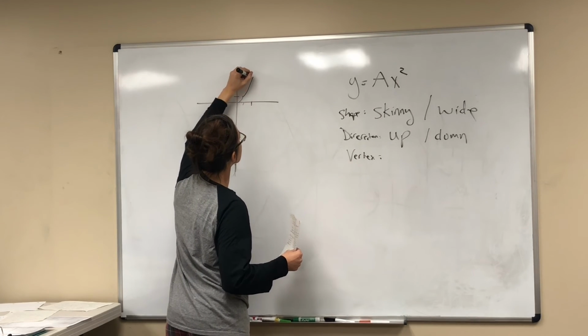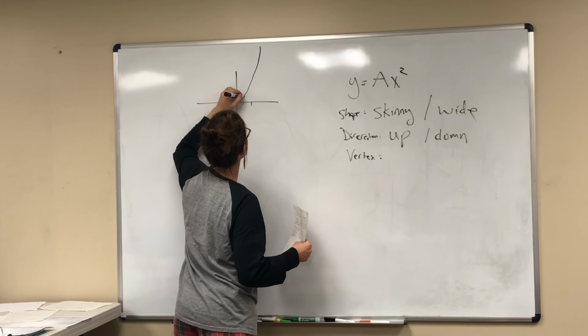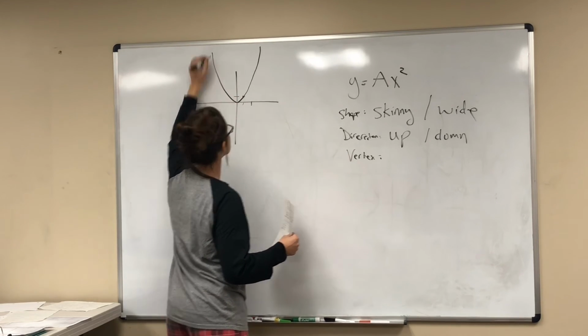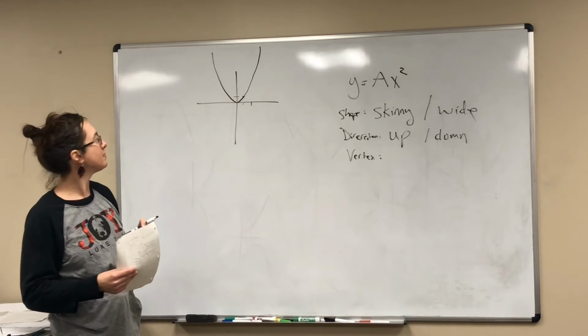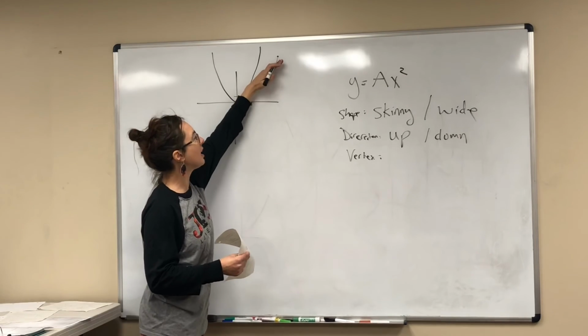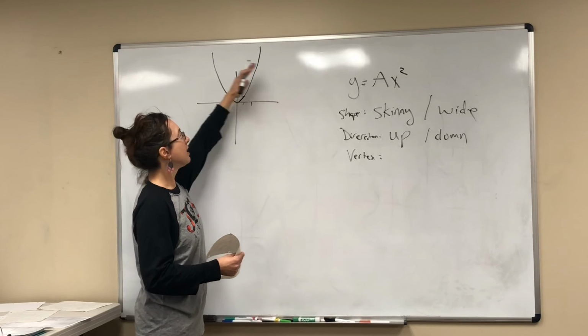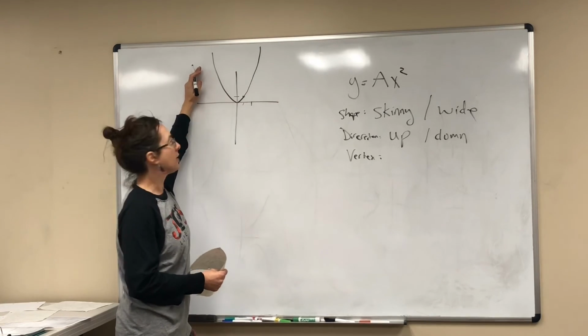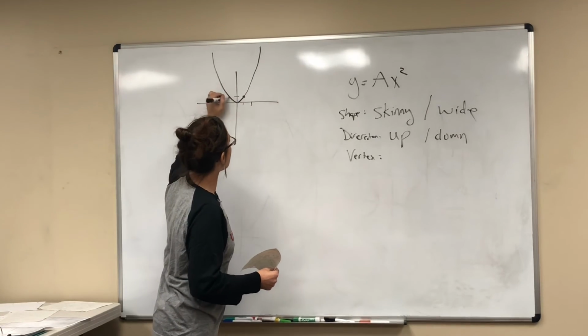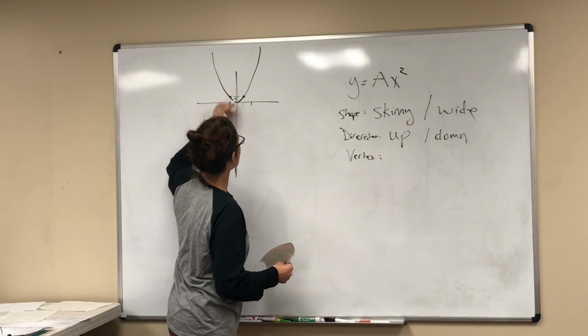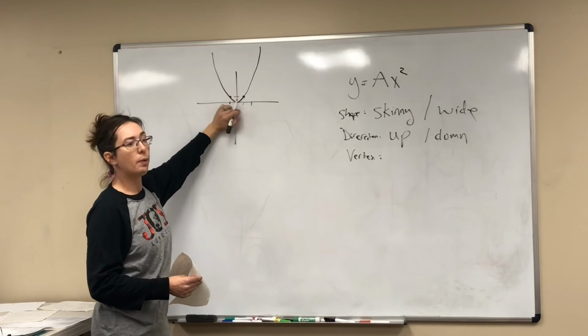Through 2, 4. So there's our basic parabola, okay? Where our basic line was a 45-degree angle and we based it upon that, here's our standard parabola, okay?